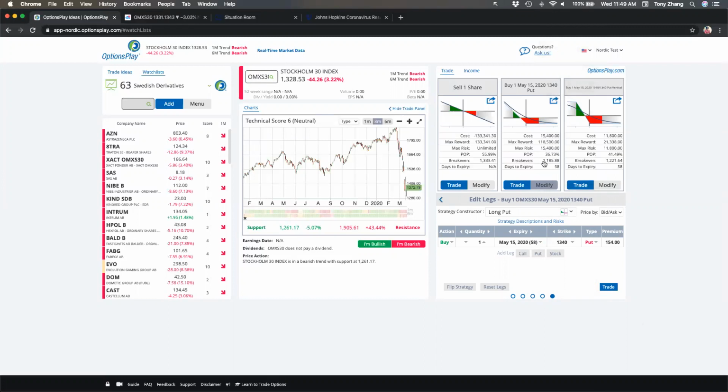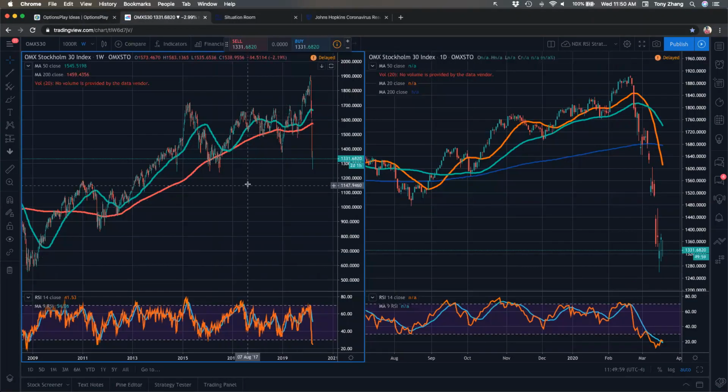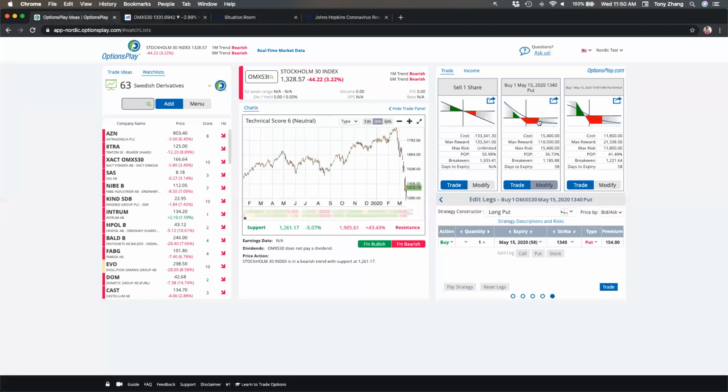Now, that puts my break-even price at 1185, which is substantially lower than the current price, meaning the index would have to break below 1250, hit my 1180 target just to break even. So I said 1185 was my first target. So notice how buying a put option for May would just get me to my target price, which in my opinion is too big of a move.